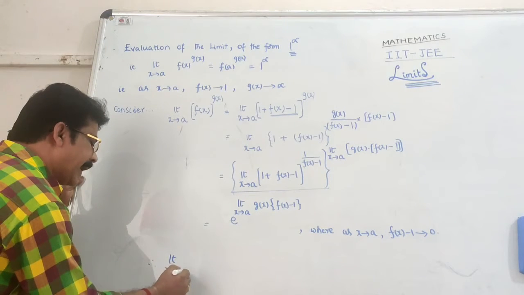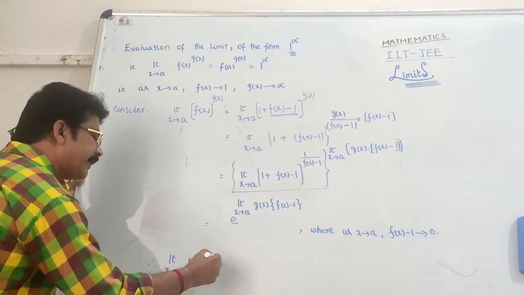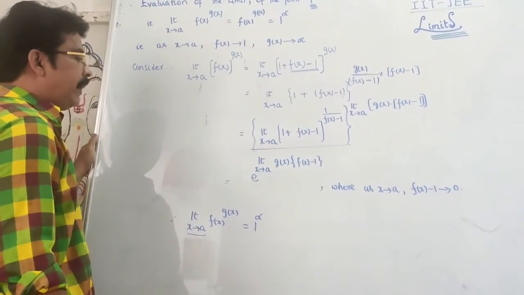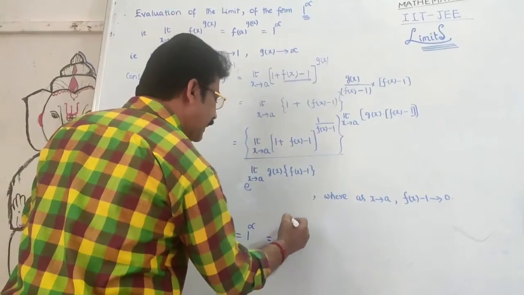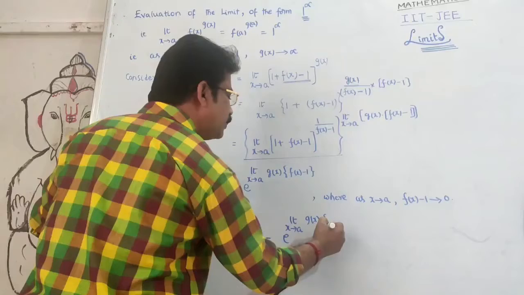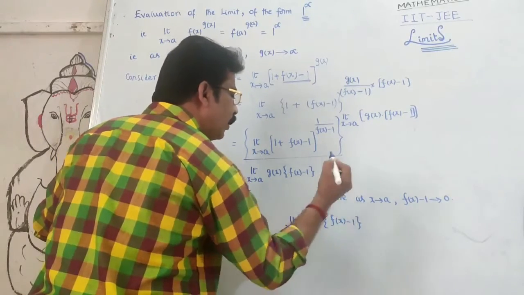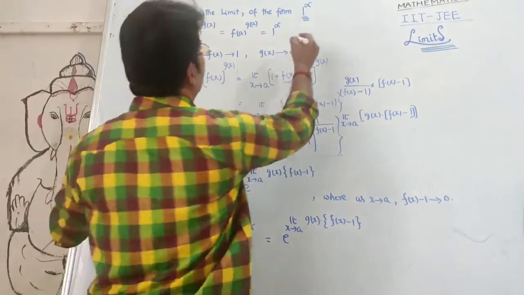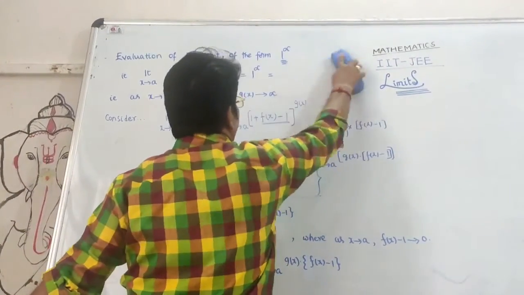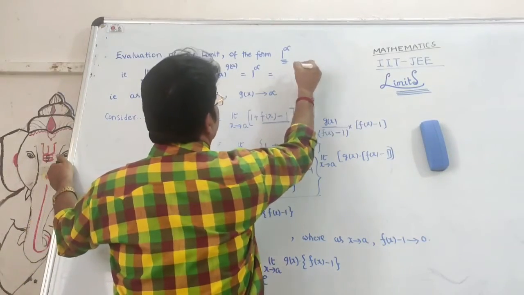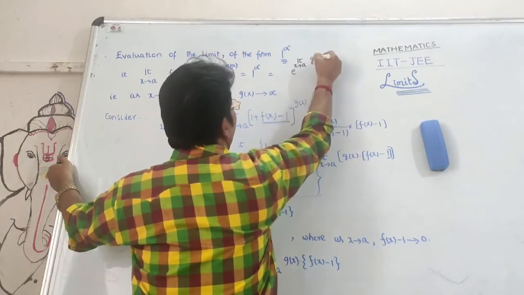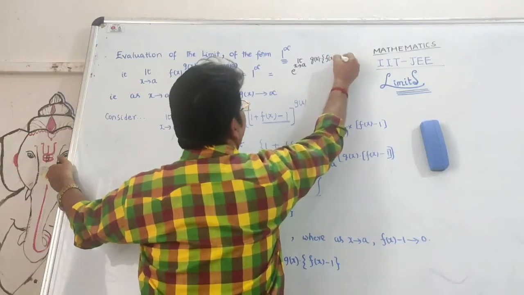Okay, so therefore limit x tends to a, f of x whole power g of x, if it is in the form of 1 to the power of infinity after substituting x equal to a, then it is equal to directly e power limit x tends to a, g of x into f of x minus 1.